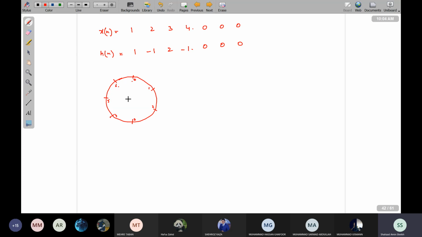I make this 1, 2, 3, 4 in black, and flip it: 1, 2, 3, 4, 0, 0, 0. This is my x of minus n, and my h of n is 1, minus 1, 2, minus 1, 0, 0, 0. What is the first value?